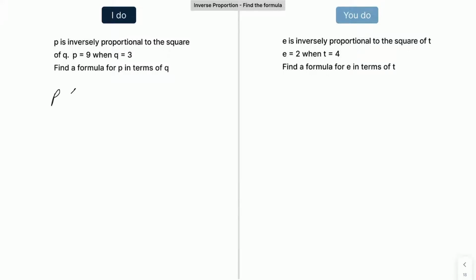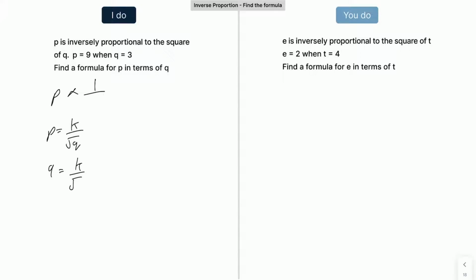So we have P is inversely proportional to the square of Q. So now P is equal to K over root Q, and then P is 9, which is equal to K over root Q, which is, oh sorry, it says the square.